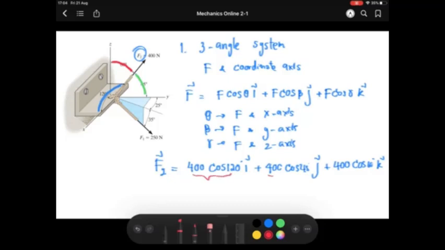After that, you can do your calculation to find all of these numbers. And this is the first system, the triangle system.